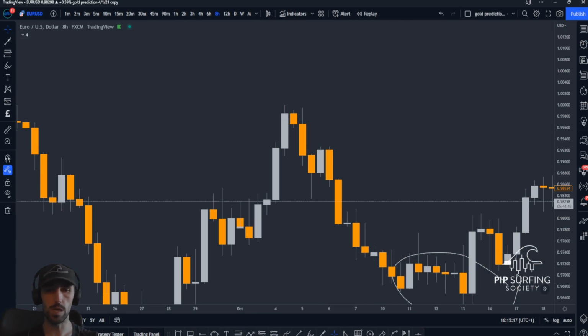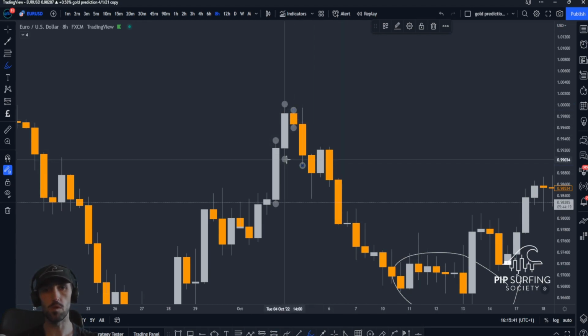So the first thing that we can look at, what is price doing into here? We have the low, the high, the low, the high. Yeah? Which then gives us what? Gives us a range at the top. So price has come up, taken the liquidity off of this high, off of a smaller high in here. We then have a low put in. We then have a high put in. We didn't break structure.